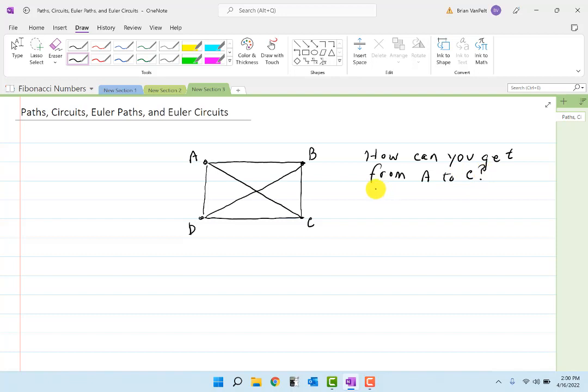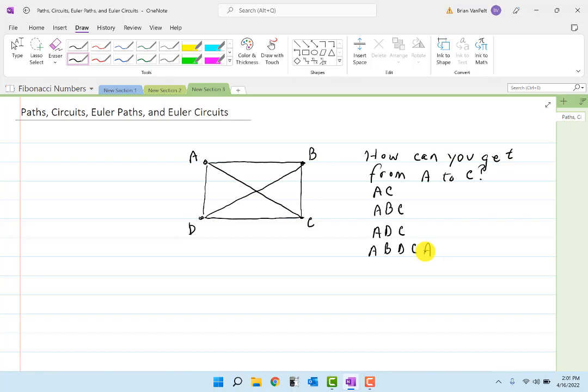Obviously, one way to go is just directly AC, or you could instead stop and go A, B, C, or for that matter, you could go A, D, C, and if you wanted to be really tricky, you could go A, B, D, C. And you could even come back to yourself again and get back to A that way if you wanted to.